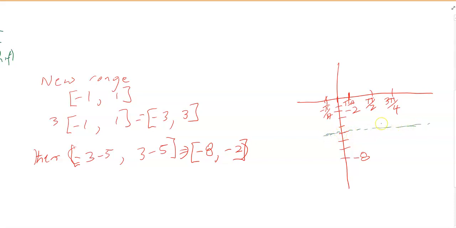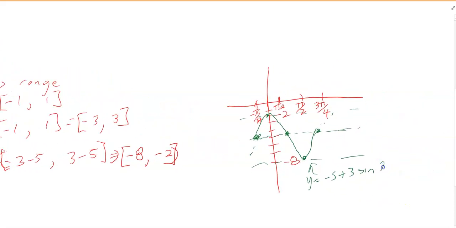Then we plot the points: going up to negative 2, then down to negative 8, and back up to negative 5. That is what one cycle of our new function looks like. So this is your graph of y equals negative 5 plus 3 sine of 2x plus pi over 2, and we are done.